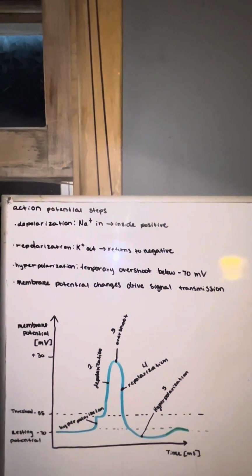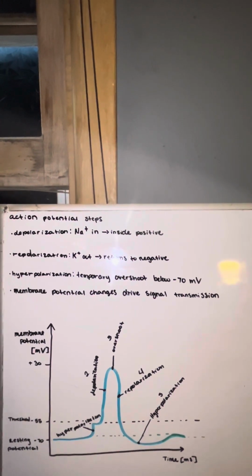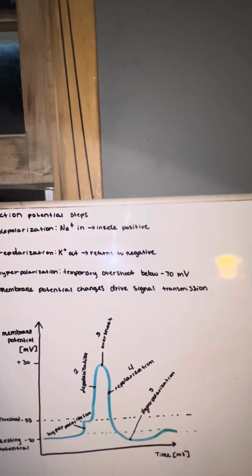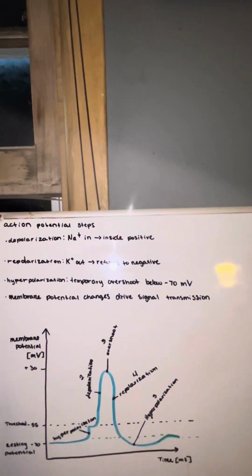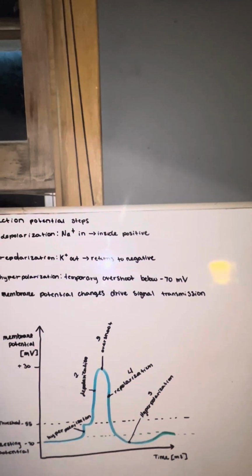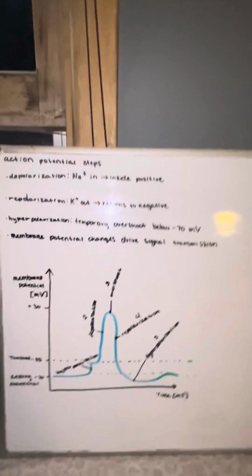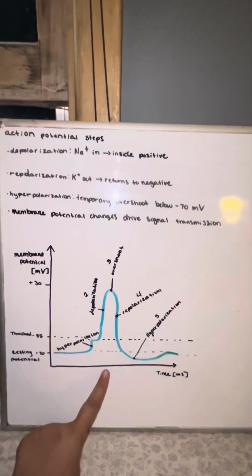Third, hyperpolarization. The membrane becomes slightly more negative than resting before stabilizing. These rapid voltage changes send the signal down the axon. And I included a diagram down here with all of the steps.